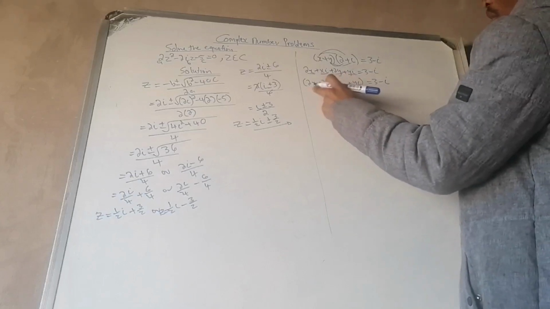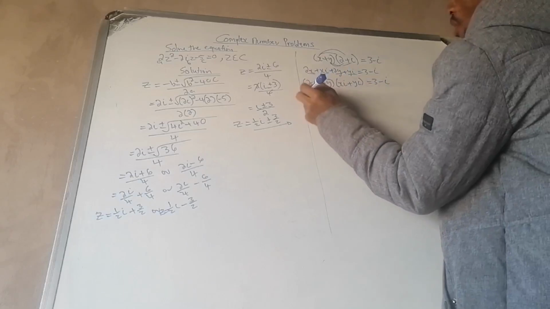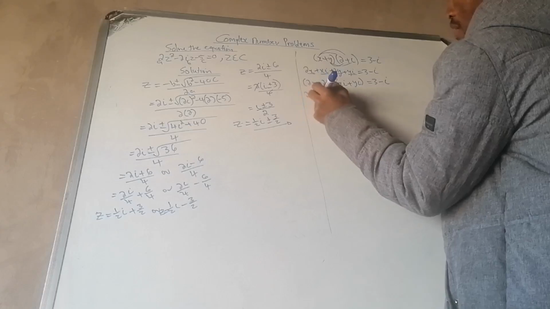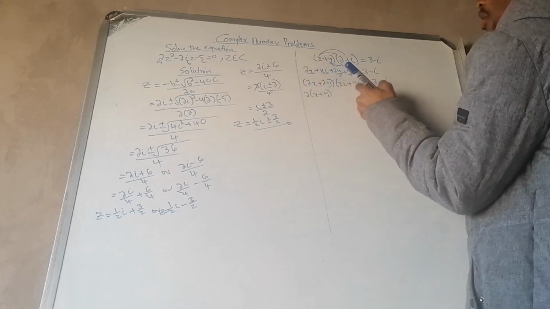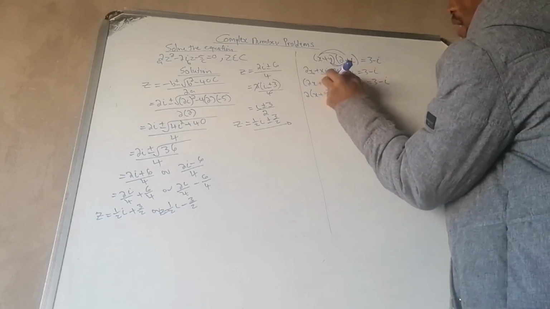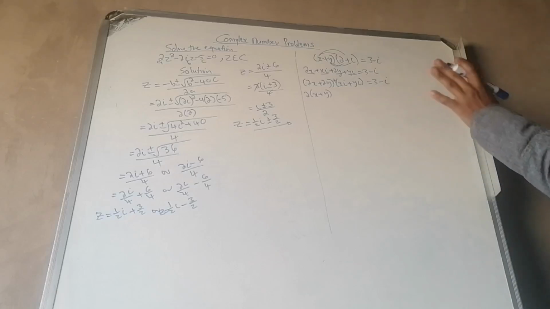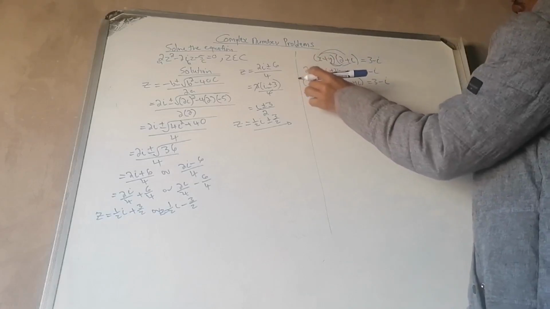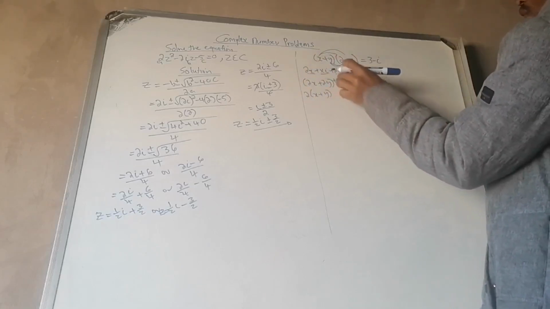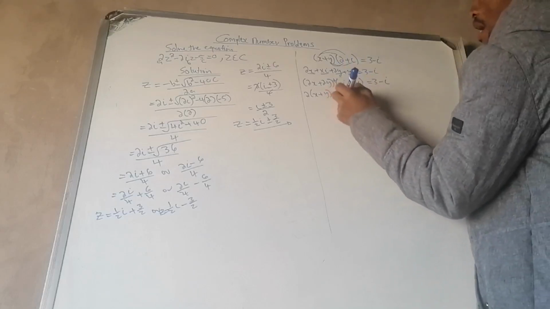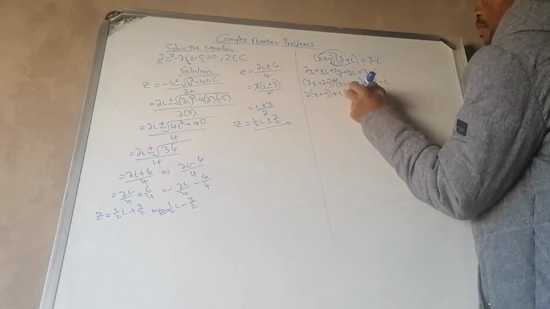And I can take out a common factor here of 2, so I can say 2 into (x plus y). I can take out the common factor of i in here, plus. I'm sorry, there's a plus there. I'm very sorry. I forgot to write a plus because this is this, plus this is that. So here I can take out i and be left with x plus y.